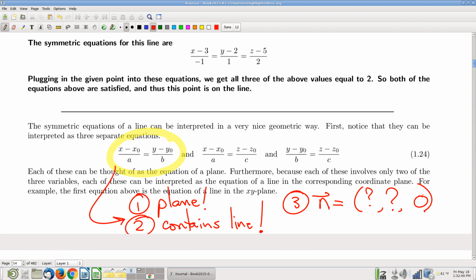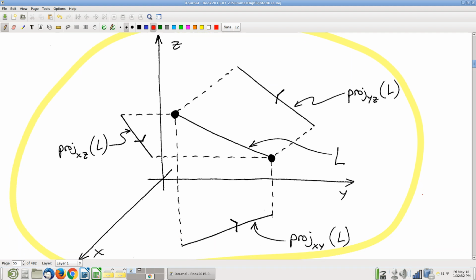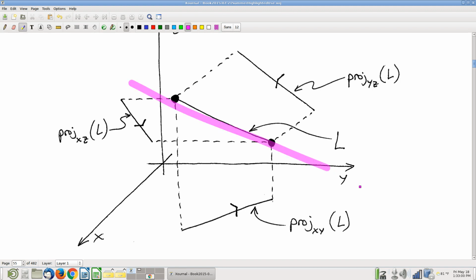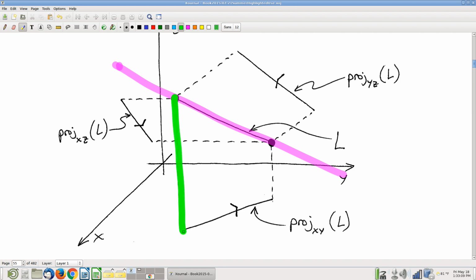Said differently, that is the vertical shadow, I like to call it, of the line. So we started off with that line. There is exactly one plane that is straight up and down vertical that contains that line.